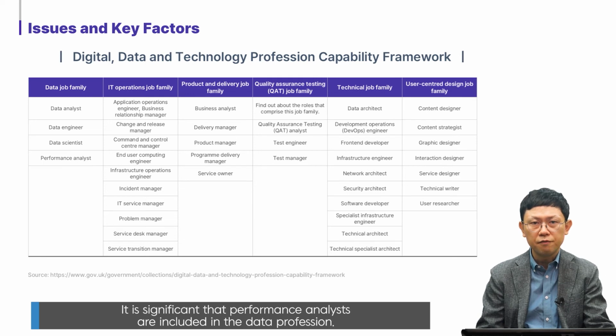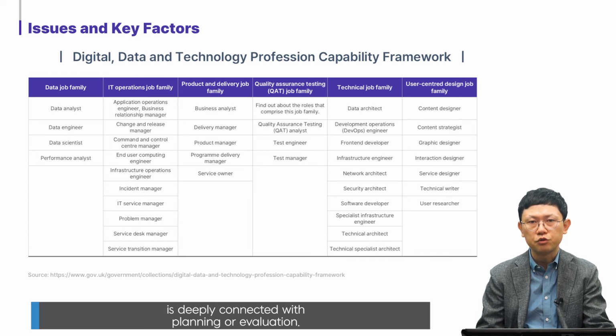It is significant that performance analysts are included in the data profession. This means that data work in an organization is deeply connected with planning or evaluation. Overall, data-driven government in the UK is being done as part of a digital strategy, which helps to understand where data capabilities are located.